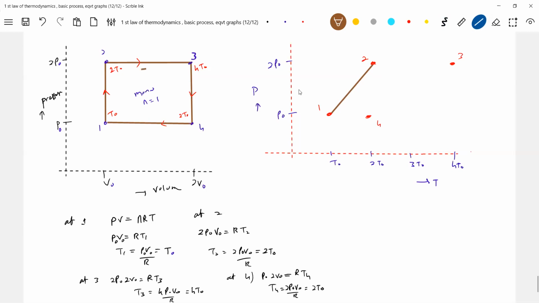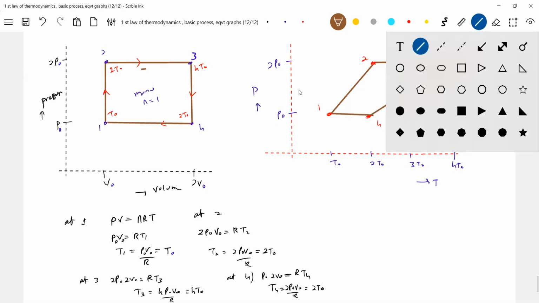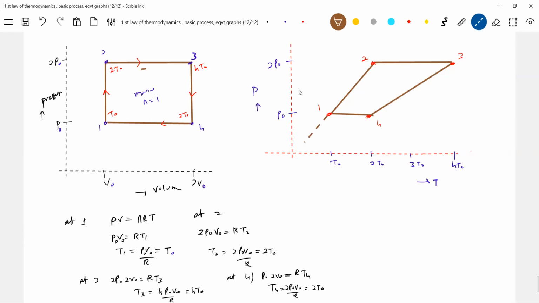What is 2, 3? Isobaric process. 3, 4, isochoric cooling, straight line passing through origin. And the curve should be such that it is a straight line passing through origin. Now put arrows.